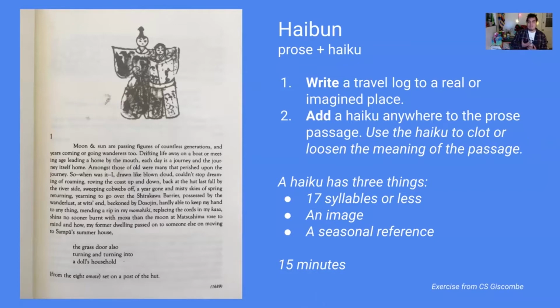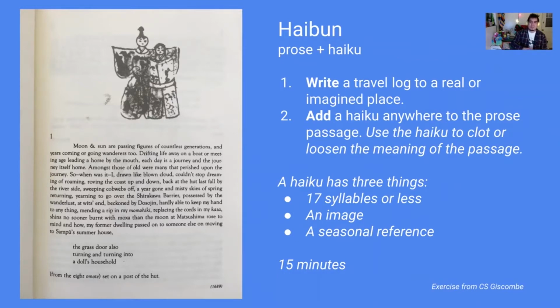But for the second exercise, I would like you to write a haiku and a prose passage that describes the journey to that utopia. This form is called the haibun, and it was practiced a lot in the 17th century in Japan.